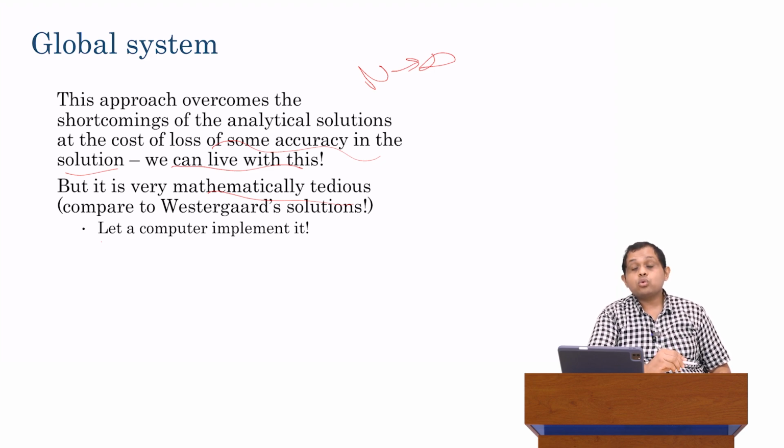In this case, we had to do quite a lot of heavy-duty mathematics just to get to this point. But again, I emphasize, a computer can implement this. So we do not do any of this by hand. I'm teaching you how to do it so that you are aware of how it's done, but we don't do this by hand.